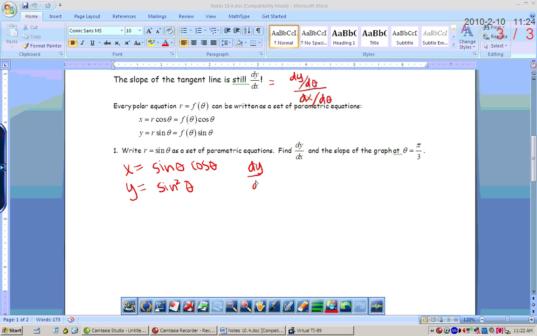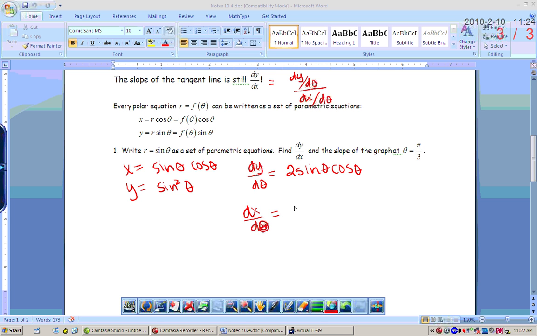Now we need to find dy dx and the slope of the graph at theta equals pi over 3. So I'm going to start by finding dy d theta. What's the derivative of y with respect to theta? 2 sine theta cosine theta. Good. Just using the chain rule.